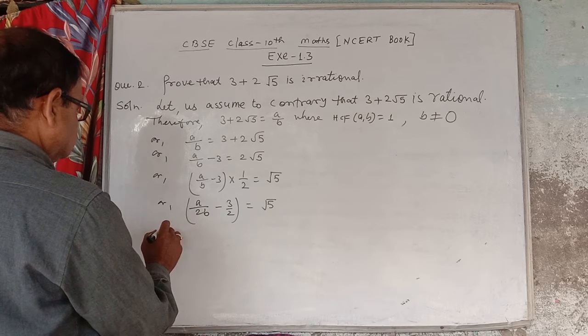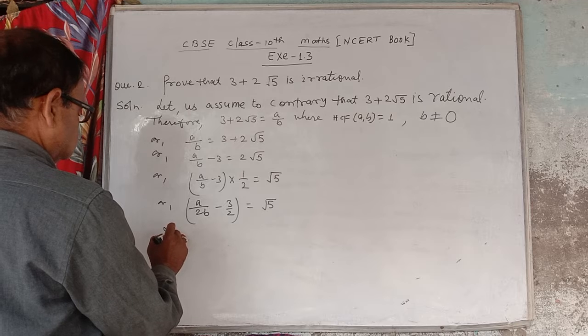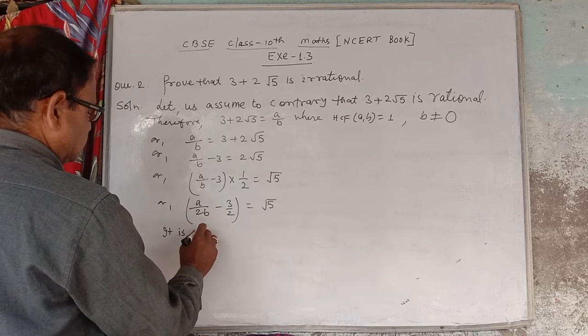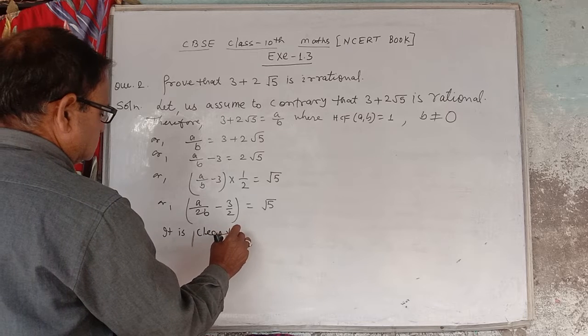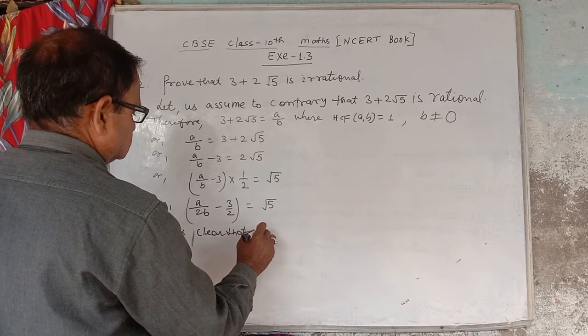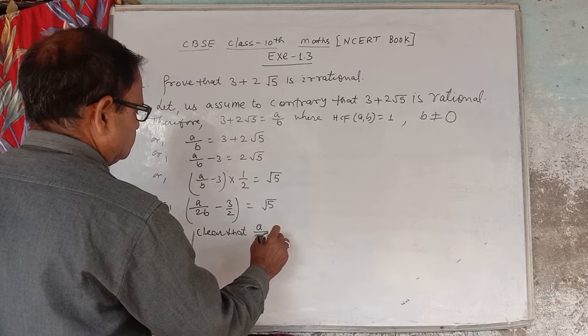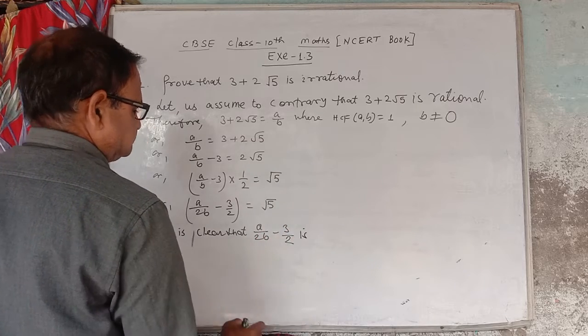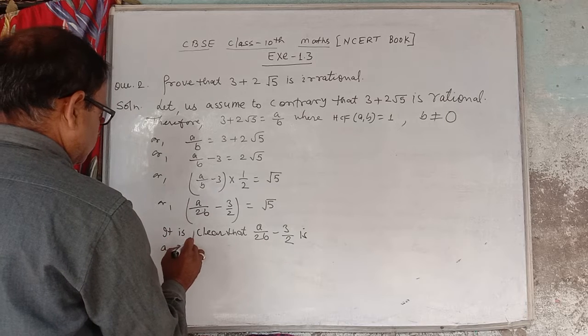Clearly, it is clear that a by 2b minus 3 by 2 is a rational number.